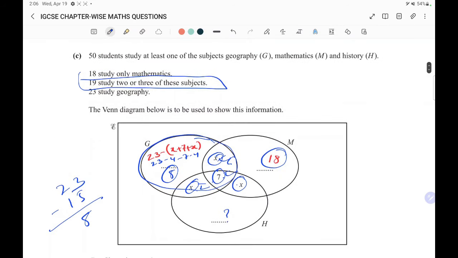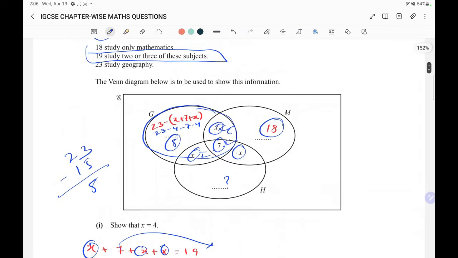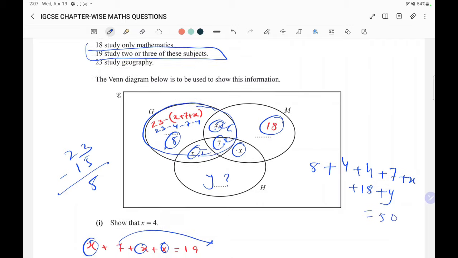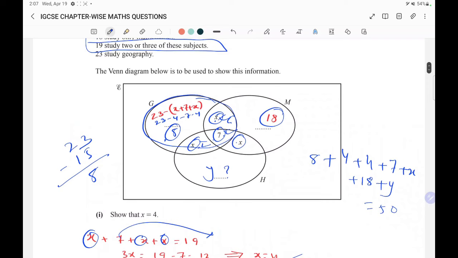So total is given as 50. So how can we get that? Now this 8 plus this x, which is 4, plus this x, which is 4, plus 7 plus x plus 18, plus I'm going to consider this as y, equals 50, and just put x values over here.